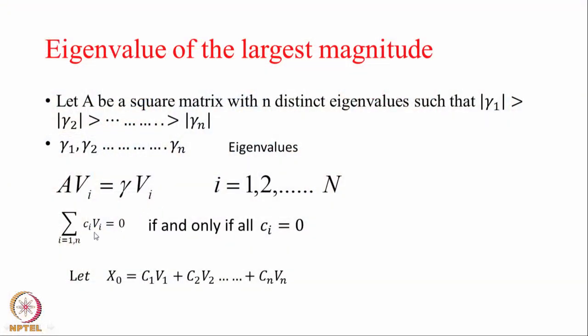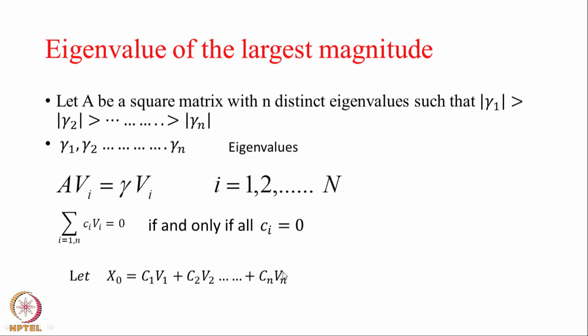So, what I have done now is A V i is equal to lambda V i, and next, since all the V i's are linearly independent, the other theorem states that any vector x in that dimension can be represented as a linear combination of all the eigenvectors.